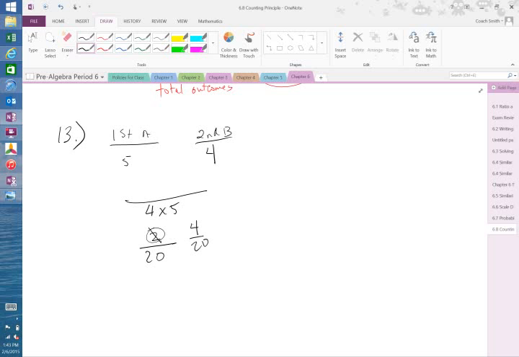Okay, so 4 over 20 reduces to what? 1 over 5. So the probability is 1 over 5, and the total outcomes was 20. You've got to have both answers. They want the total outcomes, and they want you to figure out the probability of that. Okay?